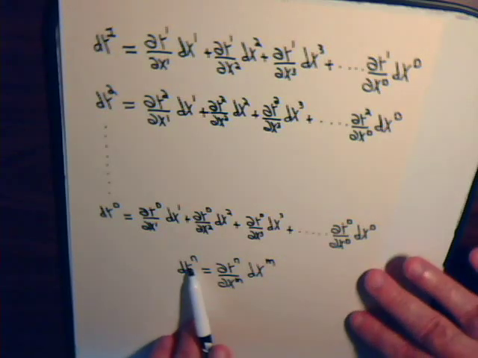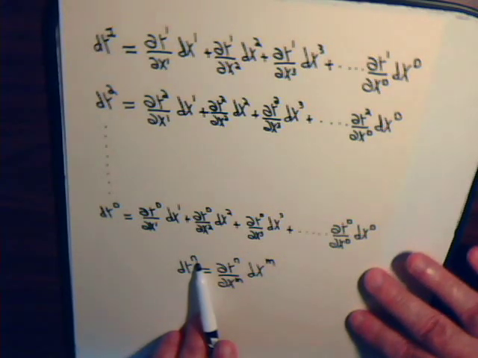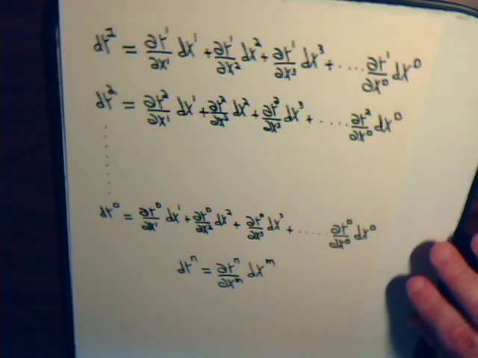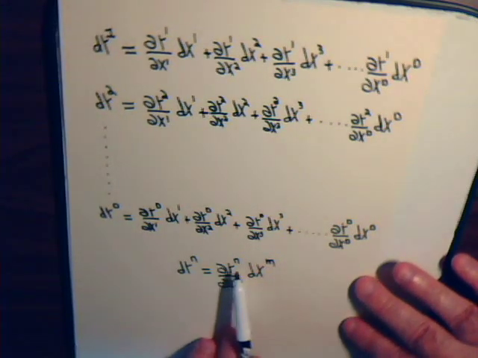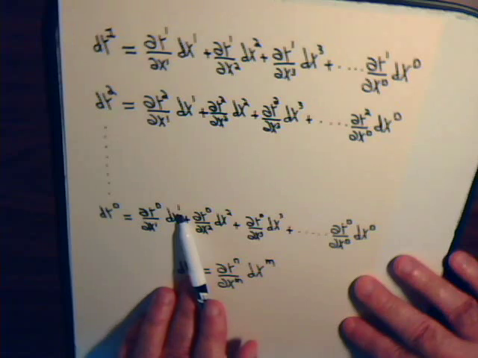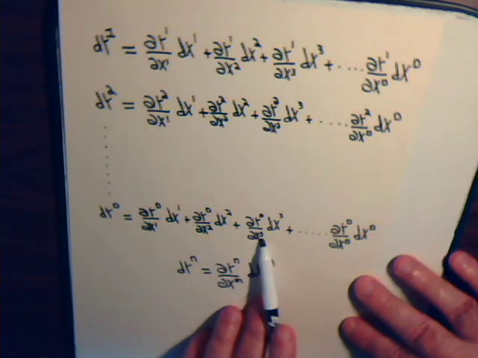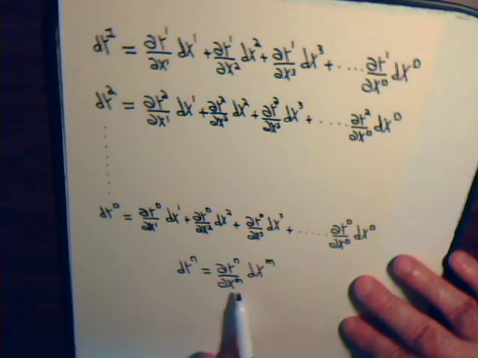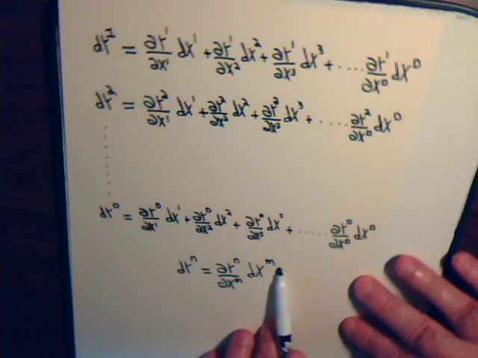So all of these equations can be summarized in this consolidated equation, where we say a particular component of dy, which is called dyn, is equal to the partial of yn with respect to xm times dxm. These always stay the same, so this is xm dxm.